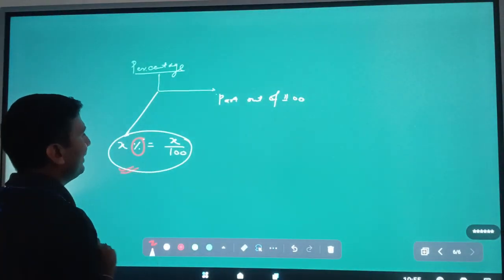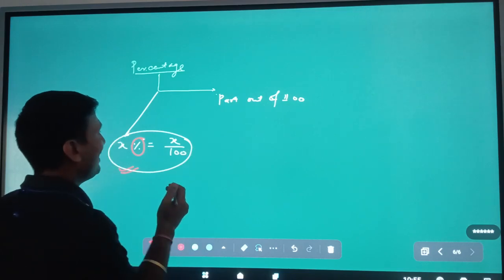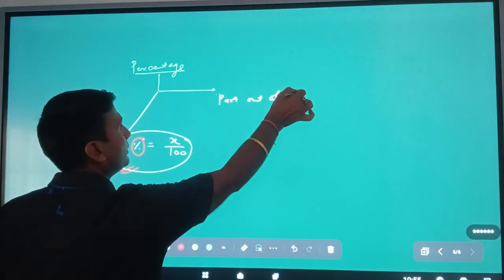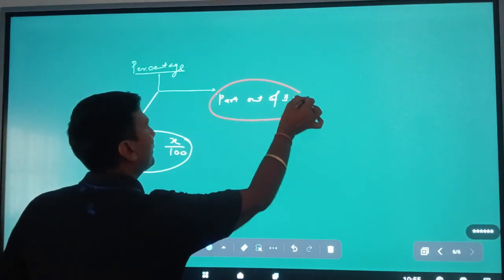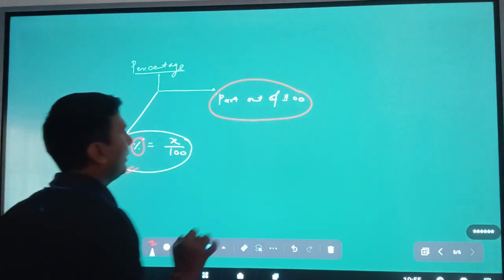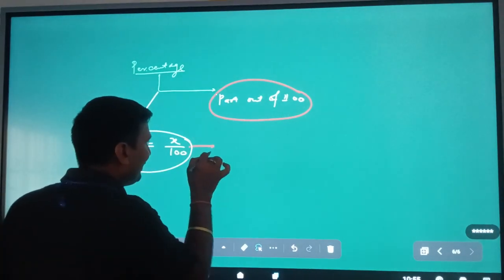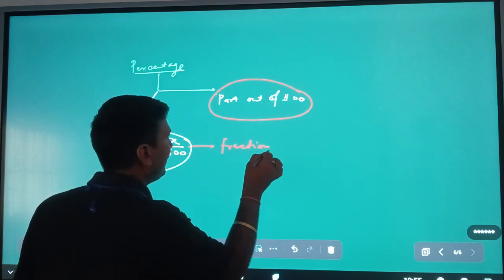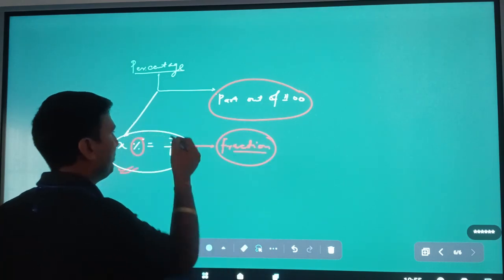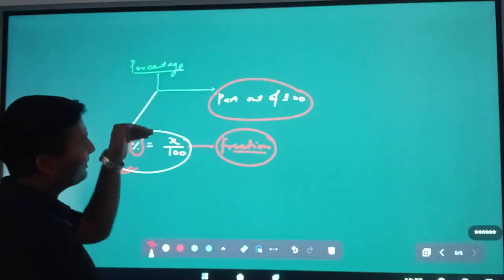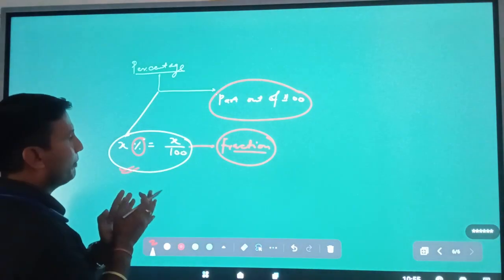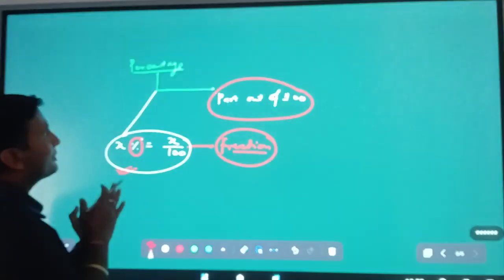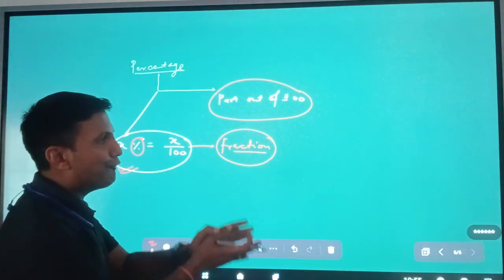So in this case, percentage is a part out of 100, and what the percentage has is a fractional form, because every fraction looks like p by q, and here p is x and the denominator, the lower part, is 100. So every percentage can be converted into a fraction.